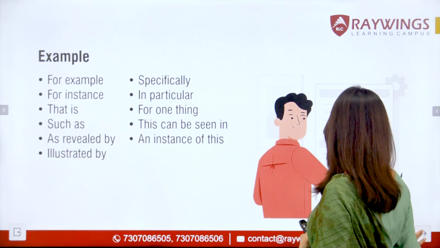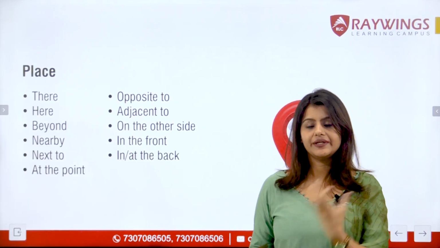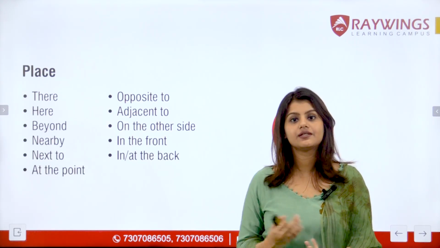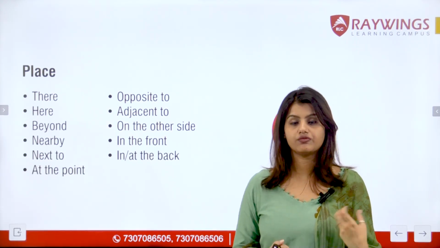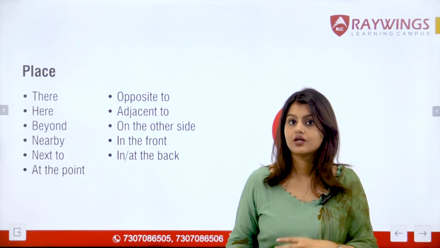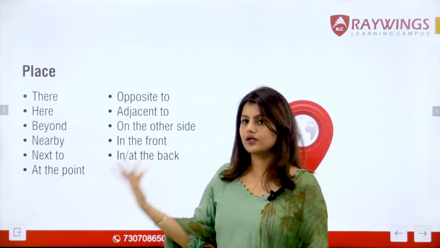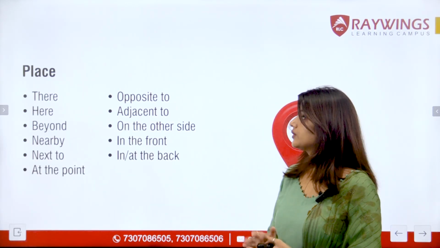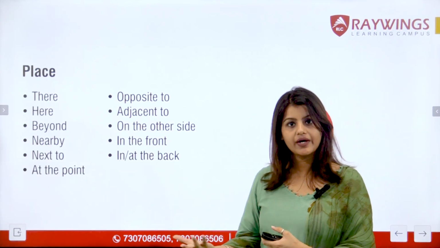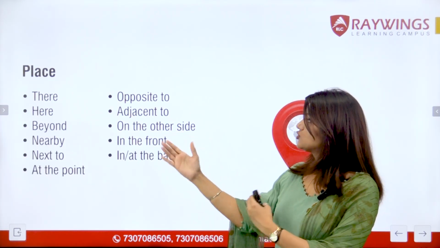Now next is place. So if you have to mention a place, you will need words related to place. Of course, if you are saying something and now you have to mention something related to place, what words can you use for this? You can use there, here, then beyond, nearby, next to, at the point, opposite to, adjacent to.